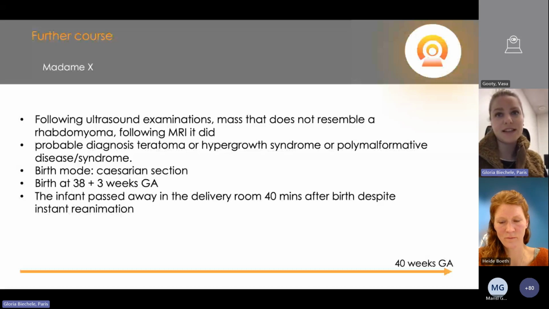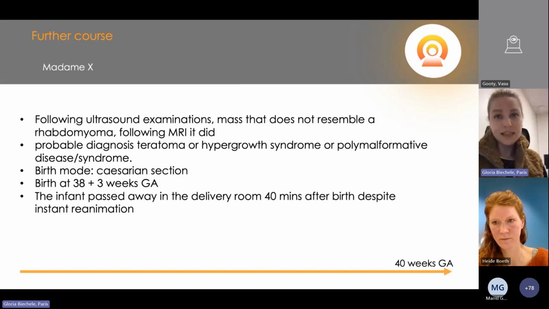So fitting to the subependymal nodules, it makes the diagnosis of a tuberous sclerosis quite probable. Alternative diagnoses were a hypergrowth syndrome or just a polymalformative disease or syndrome. And together with the couple, the birth was organized with cardiologists present in the delivery room and a cesarean section for the best possible neonatal and obstetric care.